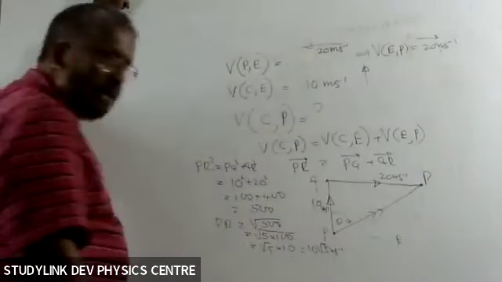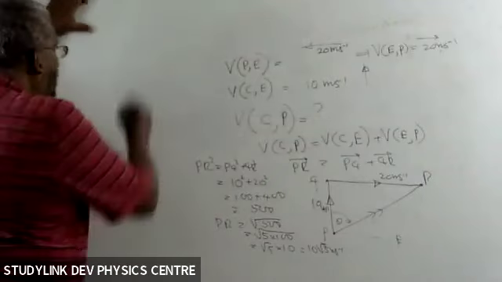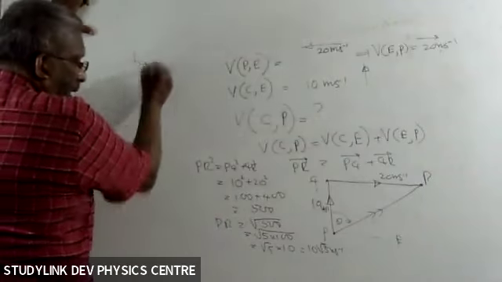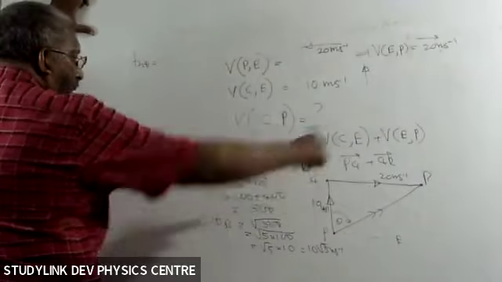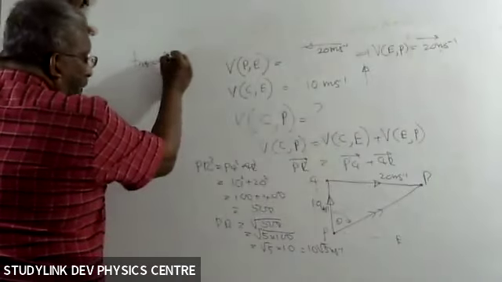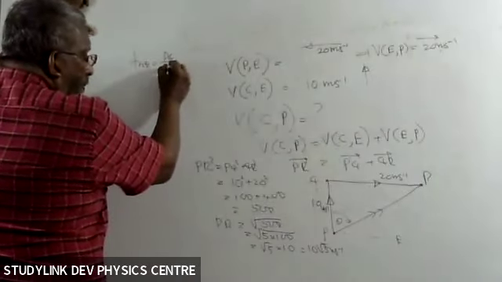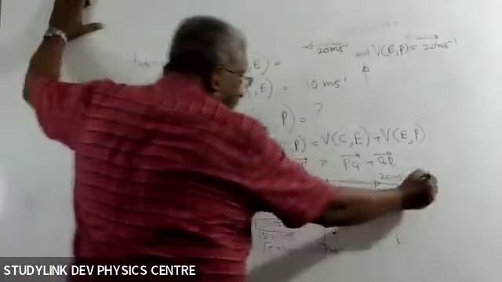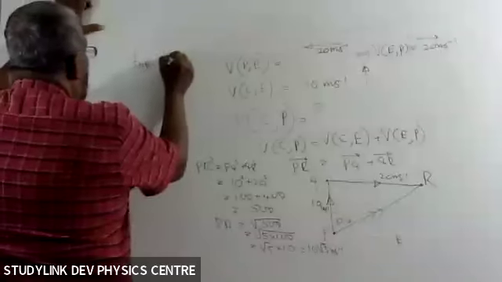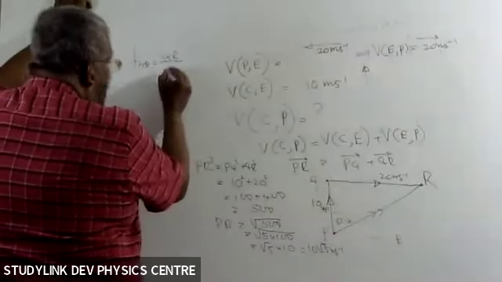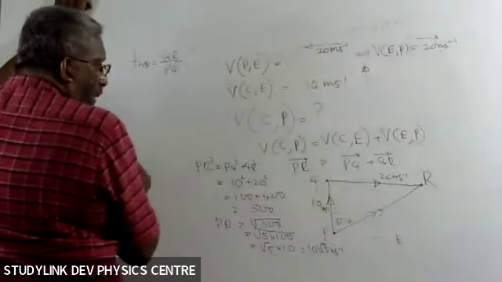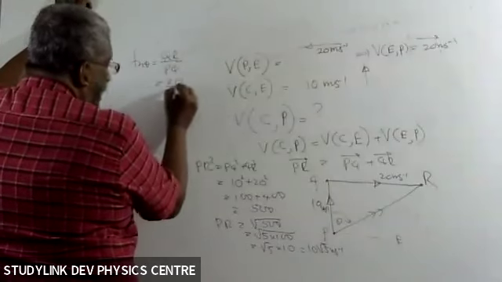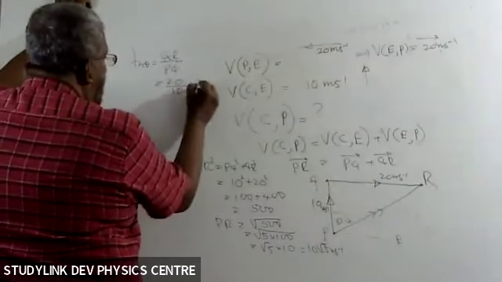Then you have to find tan theta. Tan theta is equal to opposite divided by adjacent. Sorry, the opposite is QR. QR divided by PQ. QR is 20, PQ is 10. Then this is 2.